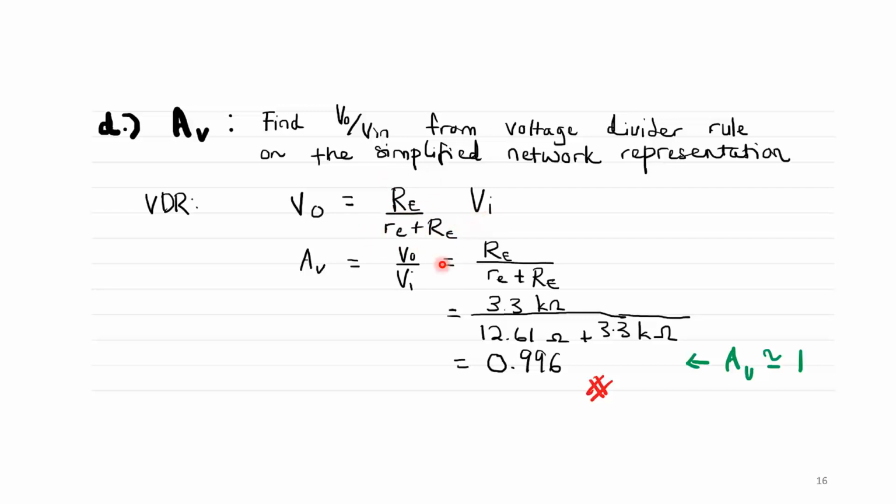So what we want is actually just an expression of Vout over Vin, and we are going to find this to be approximately equal to 0.996, which is approximately equal to 1. This again emphasizes the fact that the emitter follower has Vout following Vin in terms of magnitude as well as phase.